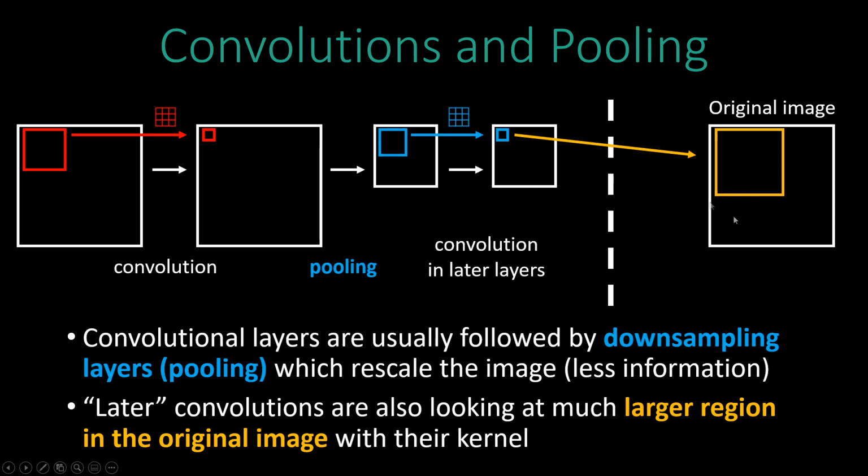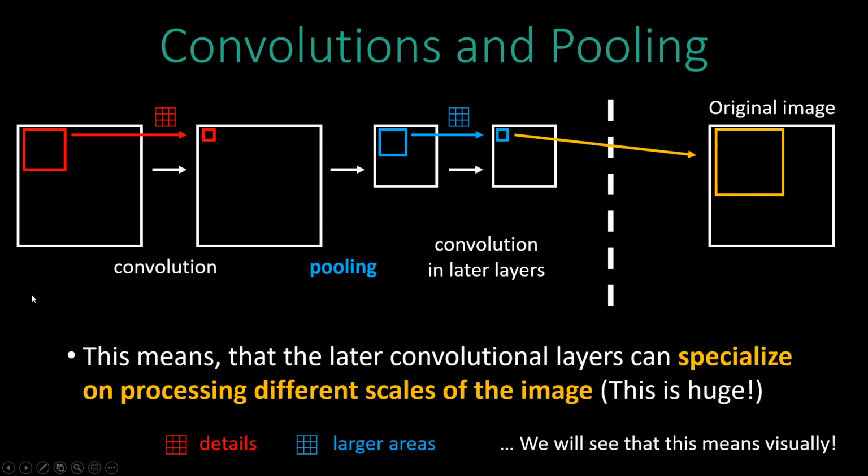And so what this allows us is that these later convolutions can specialize on looking at larger parts of the image, whereas these earlier convolutions can specialize on working with smaller areas of the image. To put it differently, every one of these convolutions can specialize on processing different scales of the image.